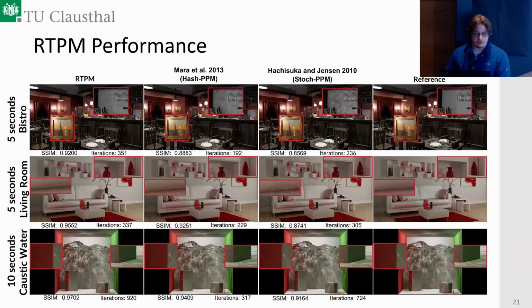We compared the structural similarity index of our photon mapper against the others. I don't want to go too much in depth for the performance analysis; you can look in the paper for that. But the main conclusion is that our photon mapper has at least the same quality as the hash photon mappers and is at least around 2 times as fast.